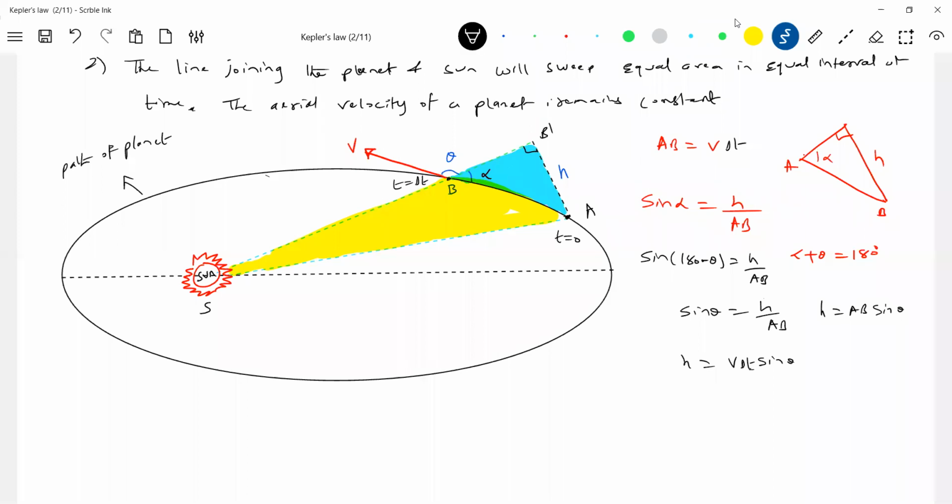So for our understanding, we'll write it here only: SB or SB dash, approximately equal, let it be equal to R. And we know it will come as a right angle triangle. So what is the area of this triangle? Because this is the area I'm interested in. So what is the expression for area? Area delta A should be equal to half into base into height.